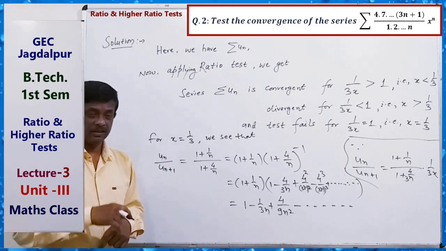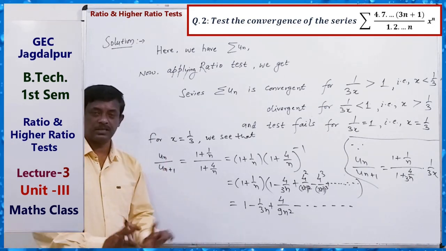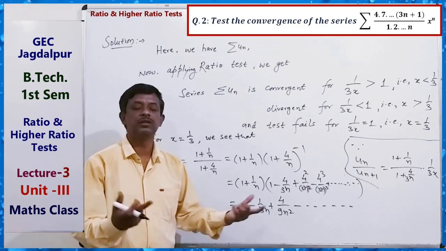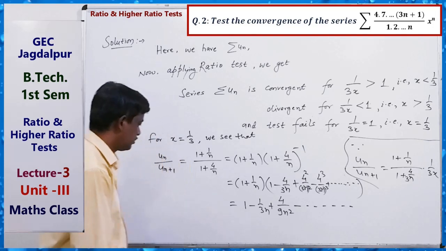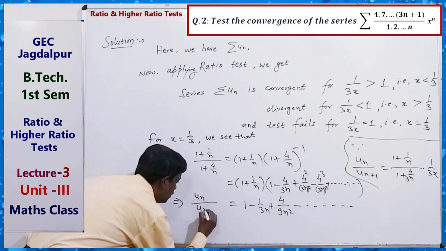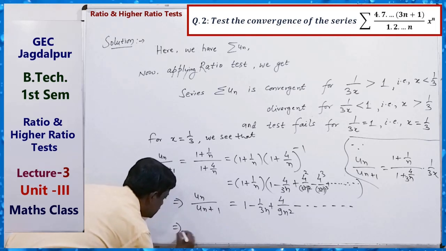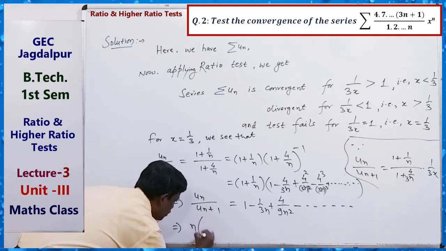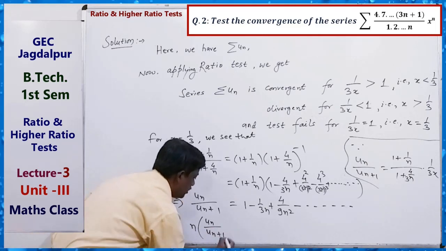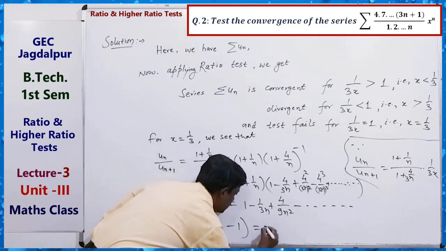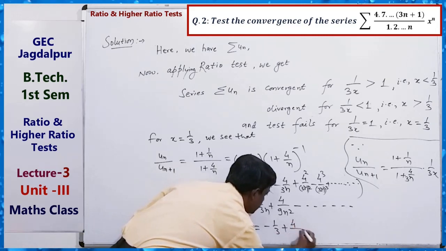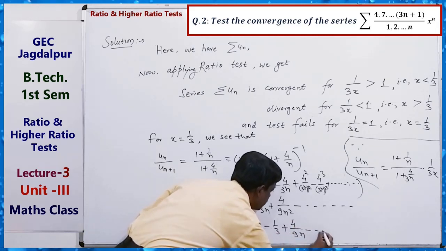So this minus 1 cancels the 1, and n to n means the first term will have only minus 1 by 3. So n into (u_n upon u_{n+1} minus 1) equals minus 1 by 3 plus 4 by 9n.